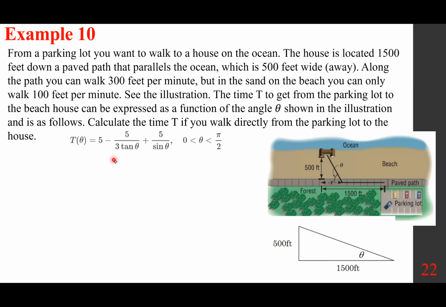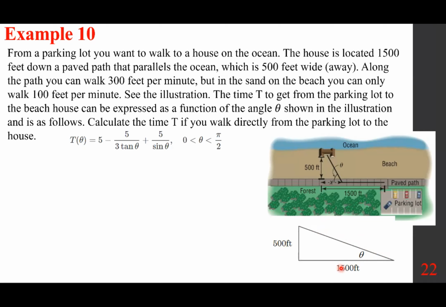And so if this is 500, this is 1,500, number one, tangent is 500 over 1,500. And also we can find the hypotenuse by squaring this, and taking the square root, or we can look at the ratio, which is easier. So first and foremost, what is the tangent?